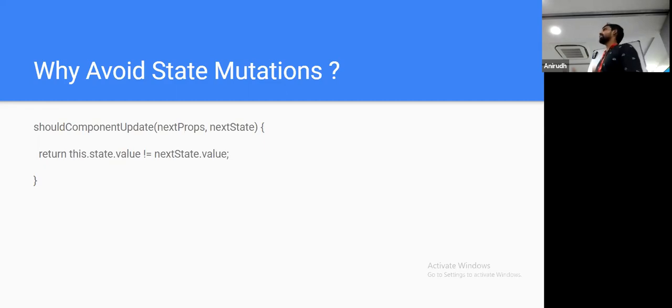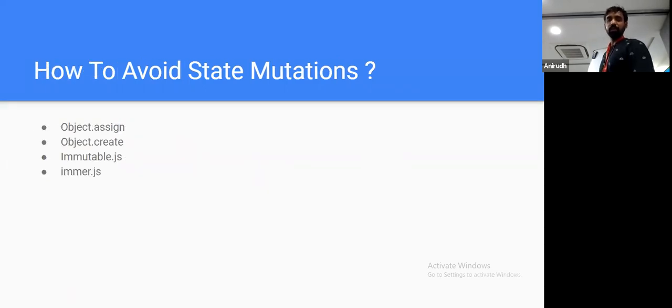So here I'm just checking by reference, and that gives an advantage if you don't mutate. And in most cases in React, if you do mutations, your component won't work properly. So anyway, you won't be able to mutate the data in components.